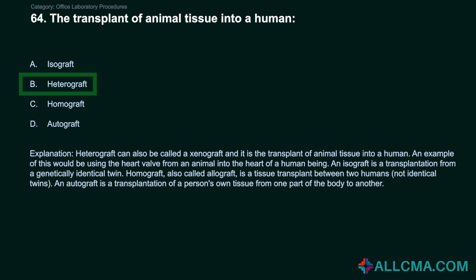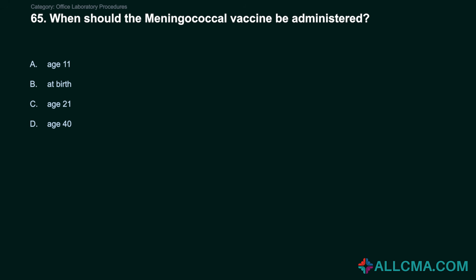An example of this would be using the heart valve from an animal into the heart of a human being. An isograft is a transplantation from a genetically identical twin. Homograft, also called allograft, is a tissue transplant between two humans, not identical twins. An autograft is a transplantation of a person's own tissue from one part of the body to another.